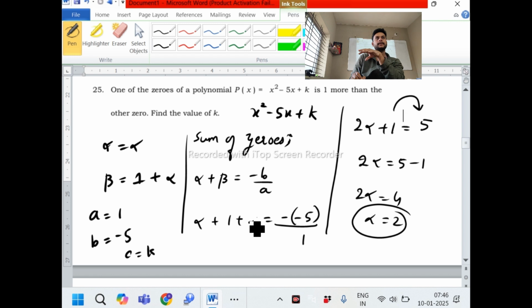Alpha plus alpha plus alpha, 3 alpha. Alpha plus alpha plus alpha plus alpha, 4 alpha, like that. Getting it? So alpha plus alpha is 2 alpha, plus 1 was remaining. If you are not understanding any part, please clarify, and I can explain that part in detail.